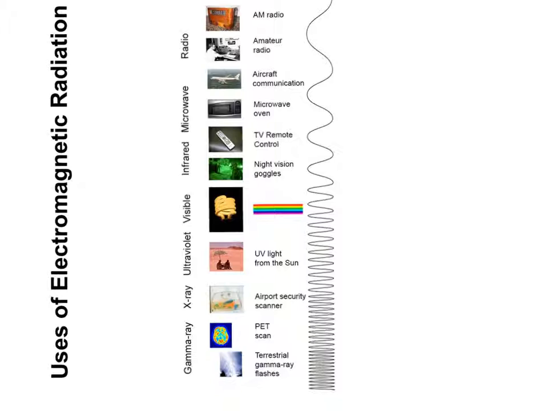Now that we know the types of electromagnetic radiation, let's look at what those different wave types are used for. First, we have radio waves. Most of us realize that radio waves are what we use for communication, listening to music, things like that. There's AM and FM radio, there's amateur radio where they talk back and forth, things like that. Aircraft communications are in there as well. When we get down to microwaves, most of us are familiar with a microwave oven.